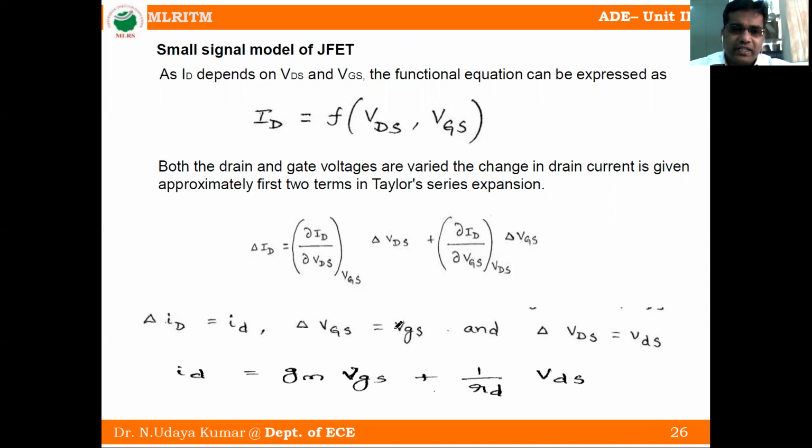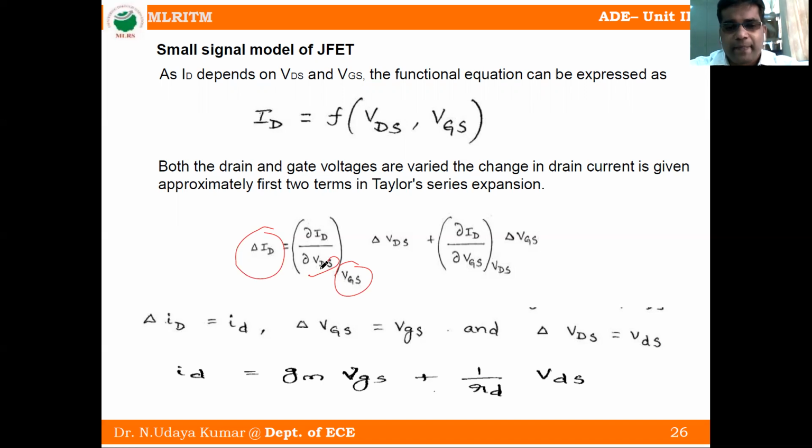First we will see the Taylor series expansion. The change in ID, delta ID, is equal to dou ID by dou VDS at constant VGS. Of the three parameters, we fix one parameter as a constant value and vary the drain to source voltage, and the corresponding ID value can be noted.